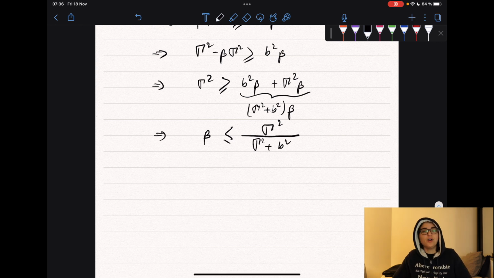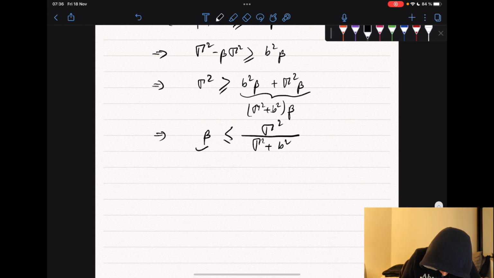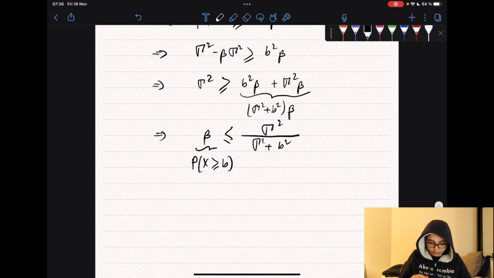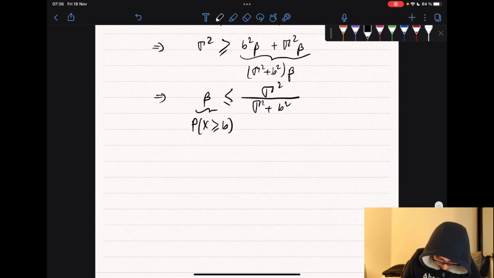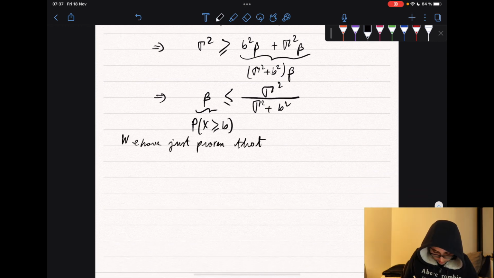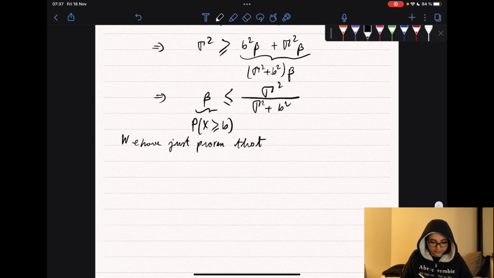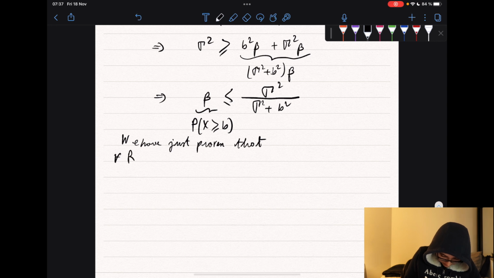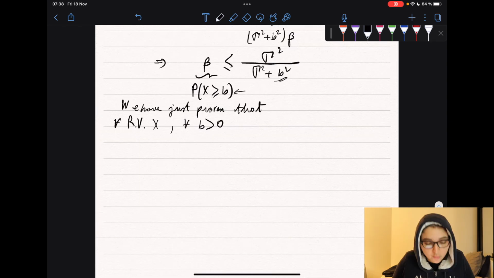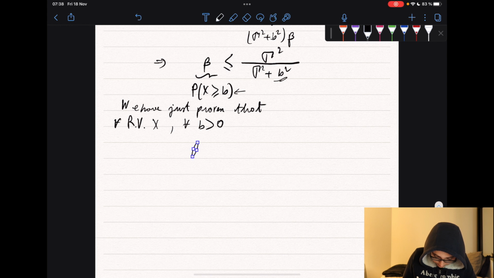And this is no other than the one-sided Chebyshev inequality, because this is equal to P of X higher than or equal to b. So we have just proven that for any random variable X, for any b strictly higher than 0, the one-sided Chebyshev inequality is met.